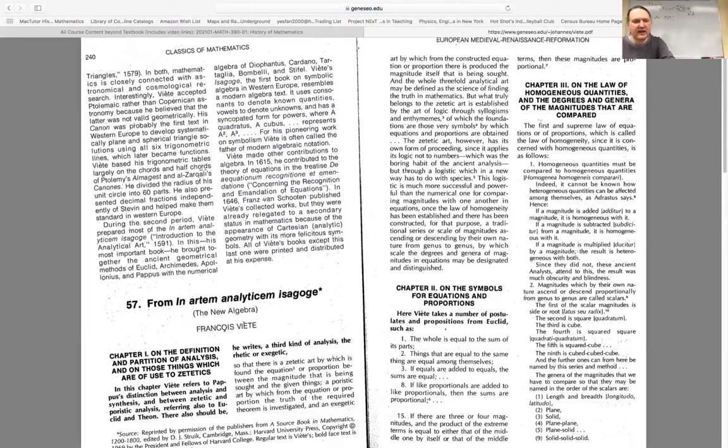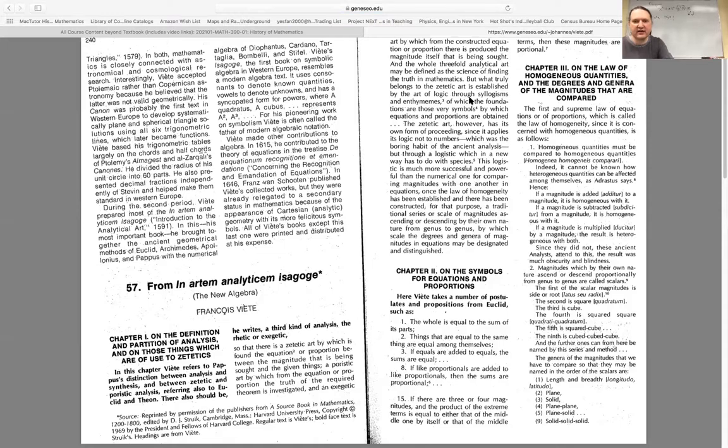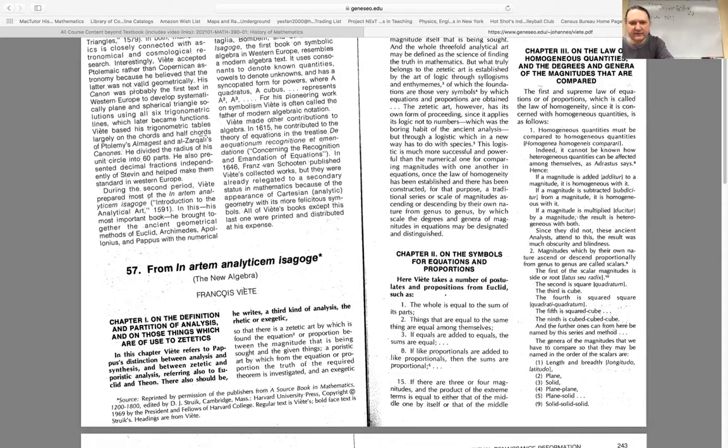The first thing is just kind of what he's going to mean by algebra. He refers to it by this curious name as the zetetic art, which is interesting, and I don't know anything more about that. So fine, I guess. And then he has some propositions from Euclid, which are kind of boring.